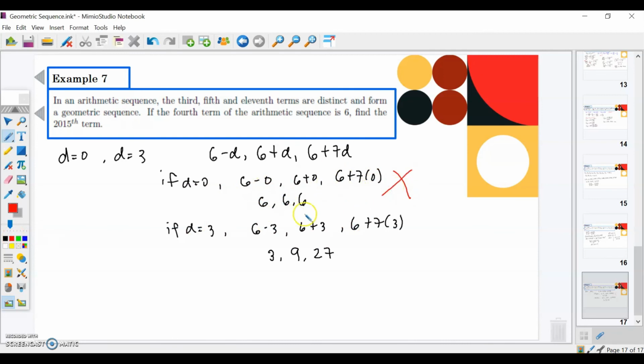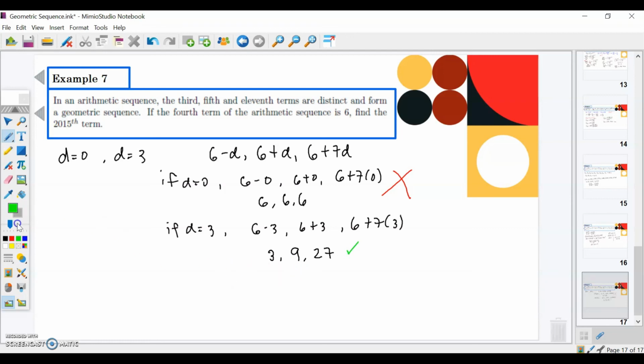So we're not going to consider the sequence 6, 6, 6, since in the problem it says here that the terms should be distinct. Now, so meaning we're just going to consider the sequence 3, 9, 27, this sequence. And in this sequence, we're going to find the 2015th term.